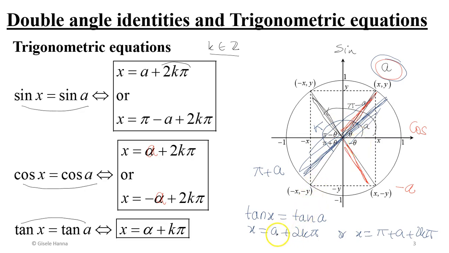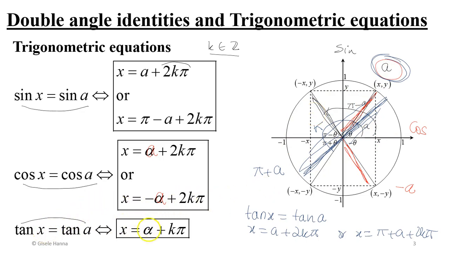So instead of considering both cases, each modulo 2 pi, we can just consider the first one modulo pi, or plus k pi. Instead of adding and subtracting full turns for each case, I just consider one case and add or subtract half turns.